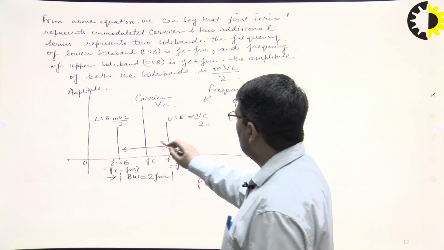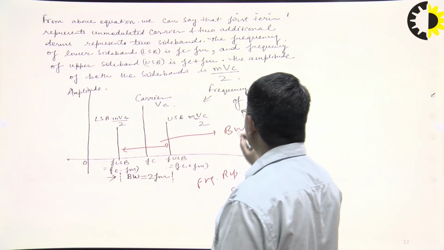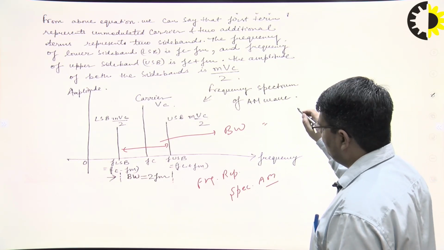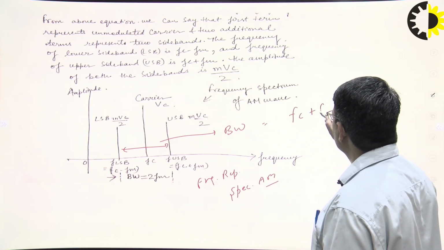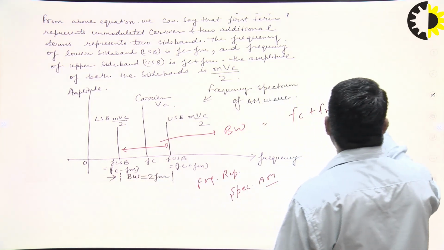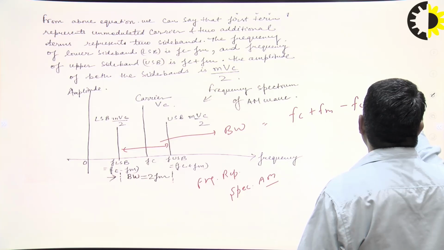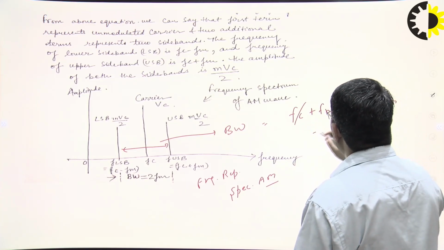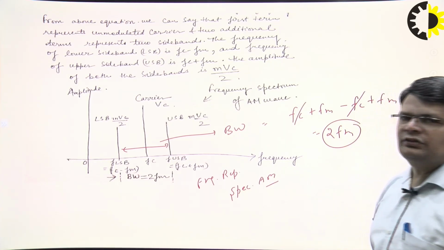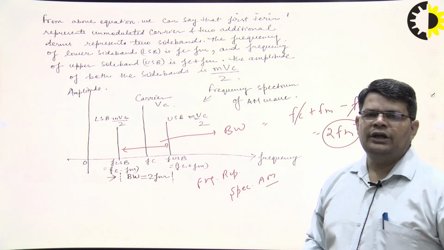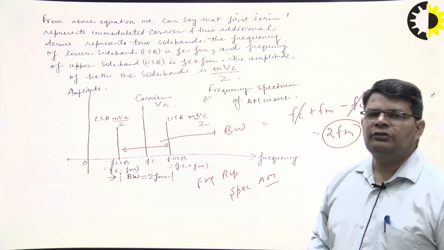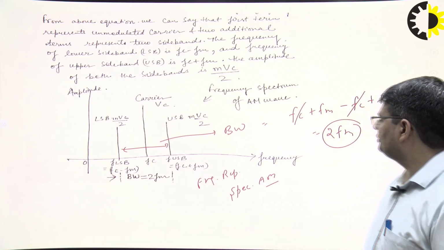So the bandwidth of the system will be given as Fc plus Fm minus Fc minus Fm. So it is 2 Fm. So the bandwidth of the AM system is given as twice Fm. Fm is the maximum frequency component in the message signal.